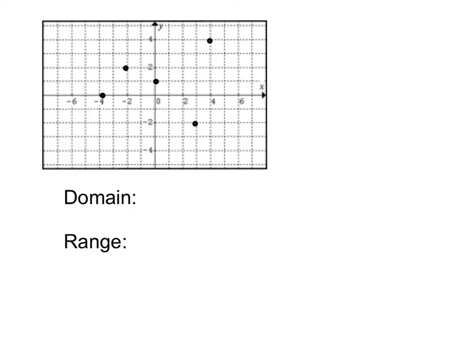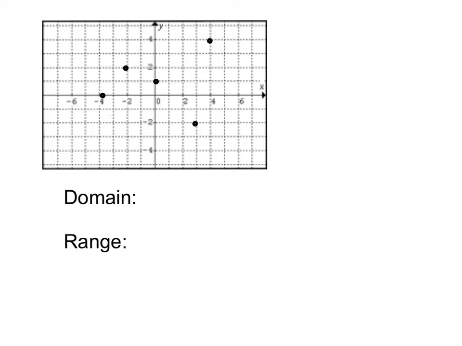Okay, last one should be actually the easiest, but people always write it incorrectly. So note it's not a continuous function, it's just a set of points. So you cannot say that your domain goes from negative 4 all the way through 4, because that would be a straight continuous line.